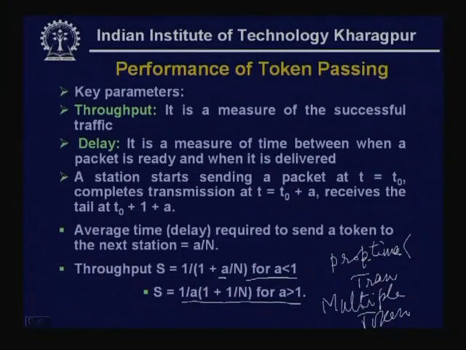In such a case, it is possible to have multiple tokens in a single ring, and multiple frames can be sent in parallel. We shall discuss it in more detail later when we consider LANs based on token passing.